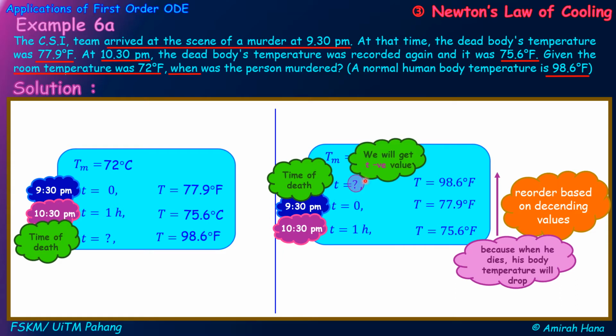Here we will get a negative value, because the time of death must be before 9:30 p.m., meaning before 0. So t must be negative.